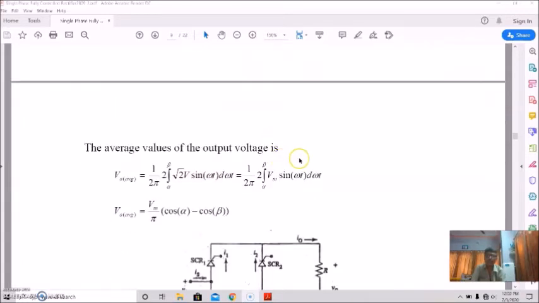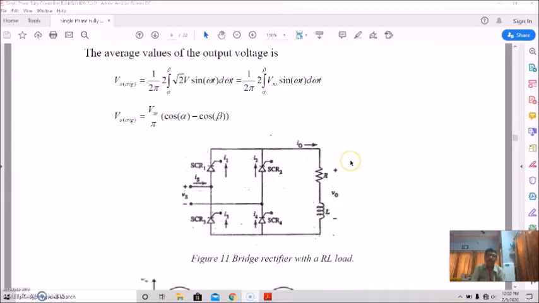Whatever the case, the average value of the output voltage is 1 by 2 pi, twice the integral from alpha to beta of Vm sin omega t d omega t, which comes to Vm by pi into cos alpha minus cos beta.